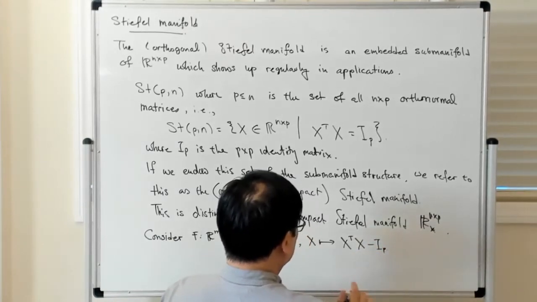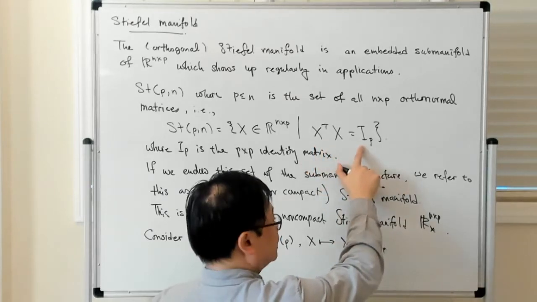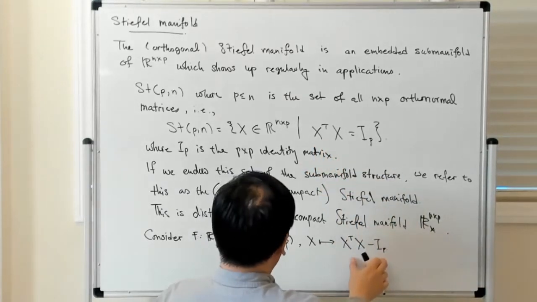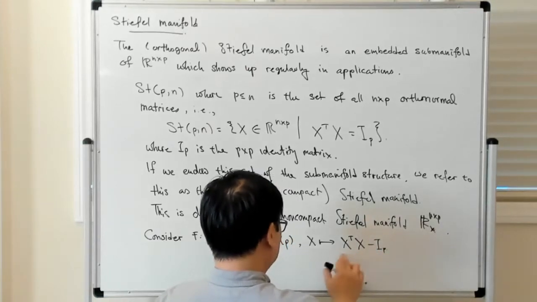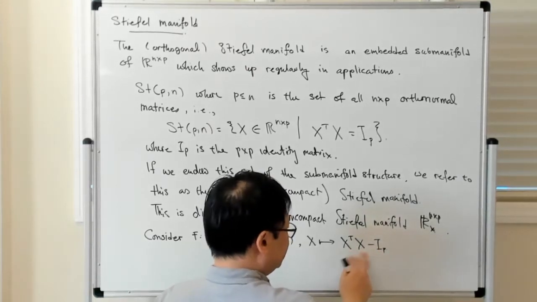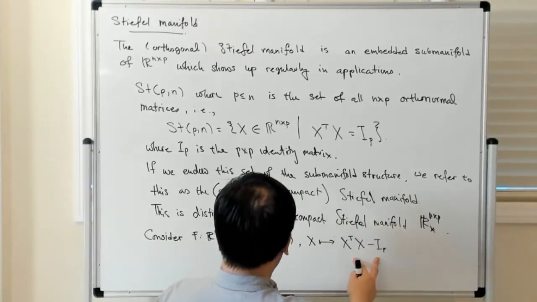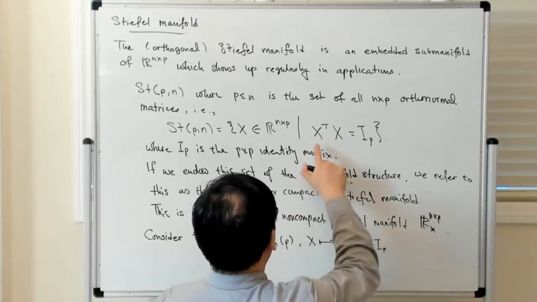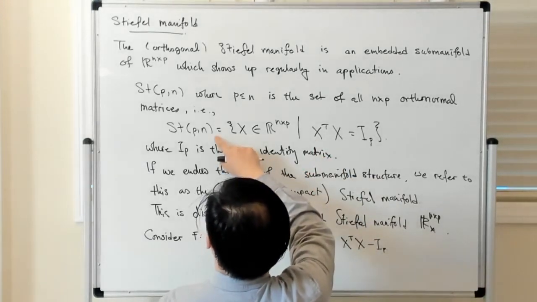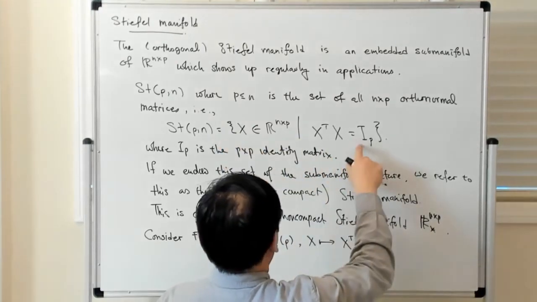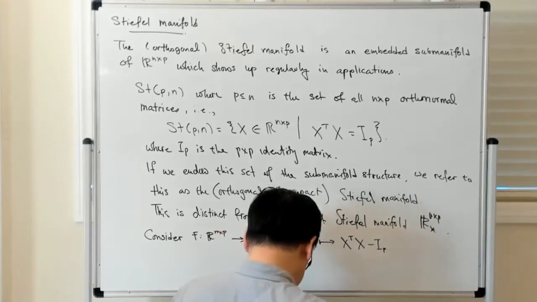This is obviously motivated by this condition here. We can check that this is symmetric by construction: X transpose X is always symmetric, the identity is symmetric, and the difference of symmetric matrices is symmetric. And obviously this Stiefel manifold is the preimage of the zero matrix under this map.